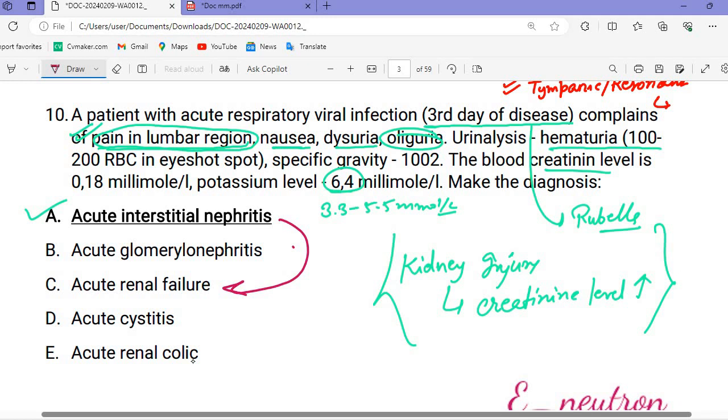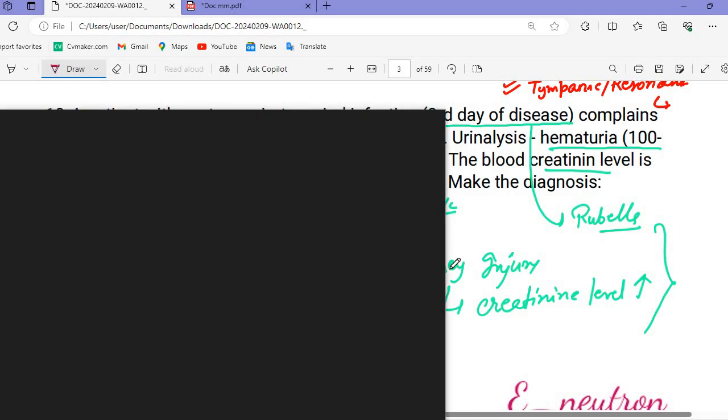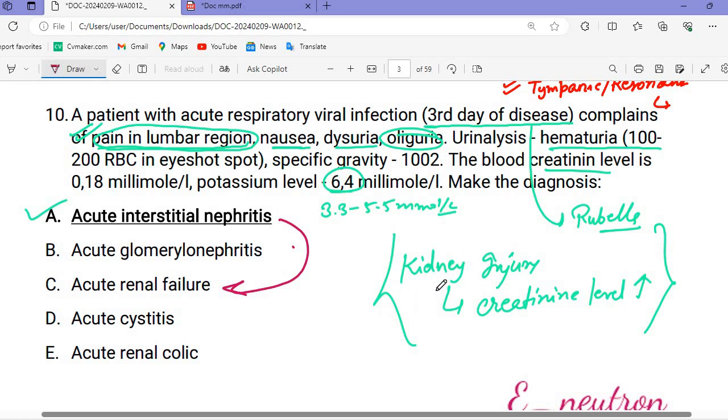I will share these things with you, all these normal values. Sometimes they give you normal values at the end of the exam. So you don't need to remember these things for now.